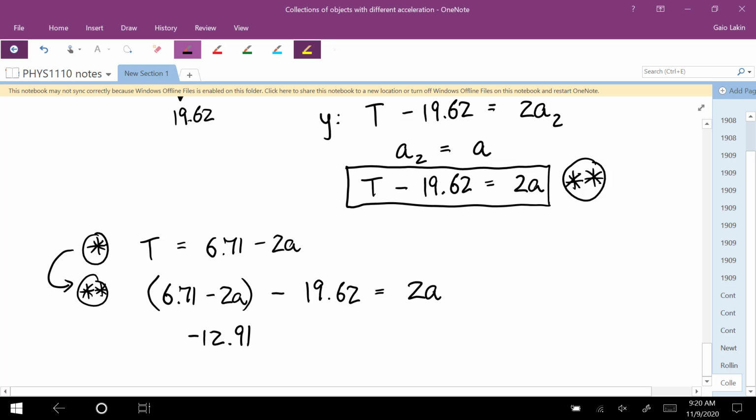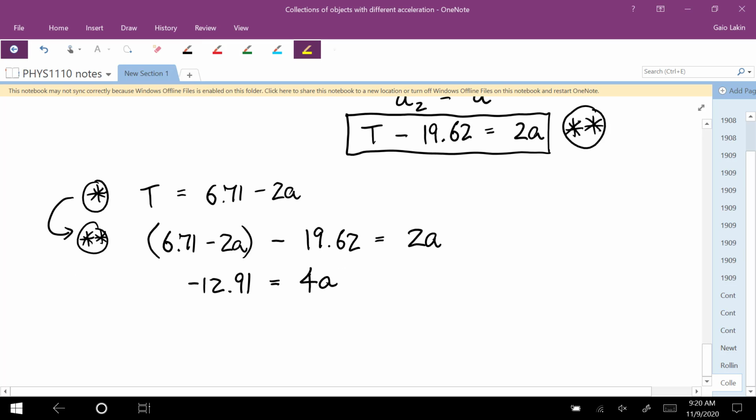And I'll get all the A's to the right side of the equation. So we have that is equal to 4A. And if you solve for A, you get that A is equal to 3.23 meters per second squared.